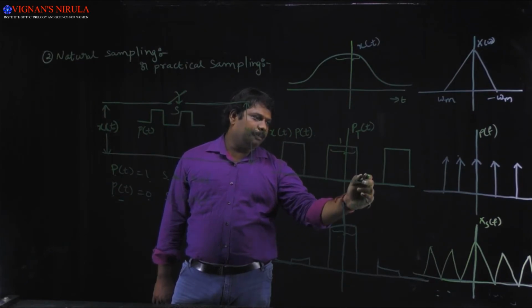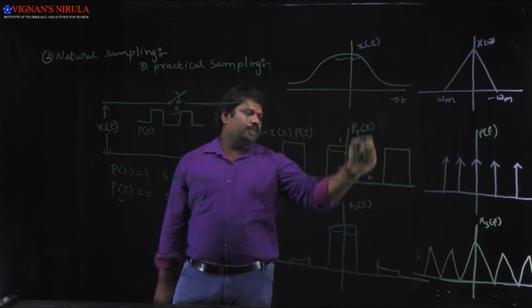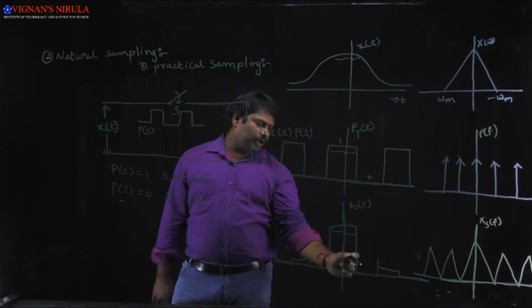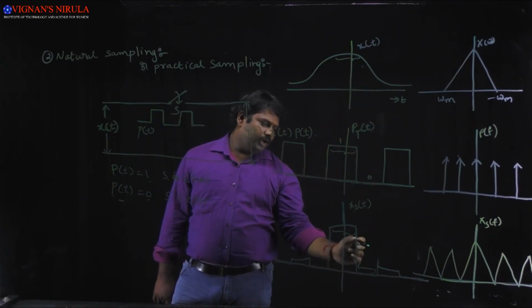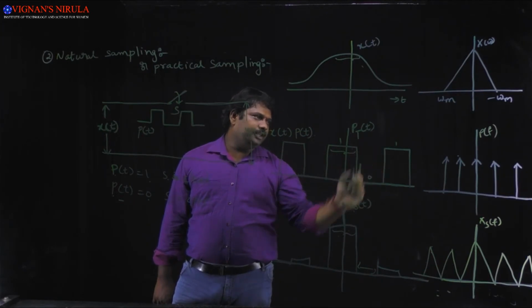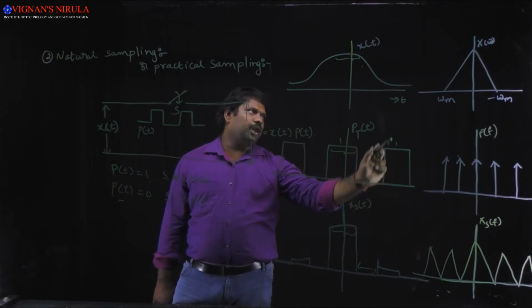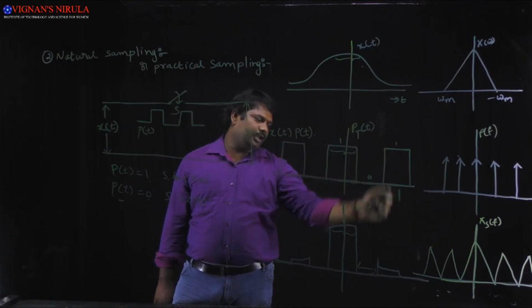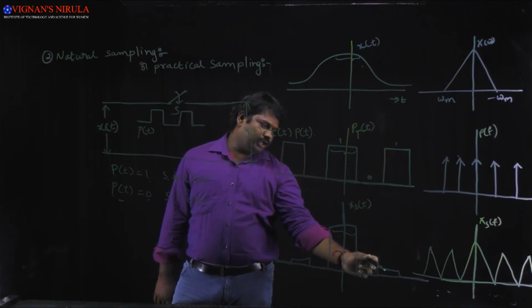Next, when p of t is 0, then 0 is multiplied with the signal here, therefore our output is 0. Again, when p of t is 1, the continuous signal is multiplied with 1, therefore we get the continuous signal, which is our sampled version.